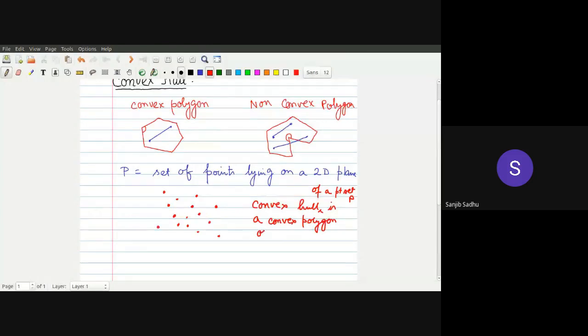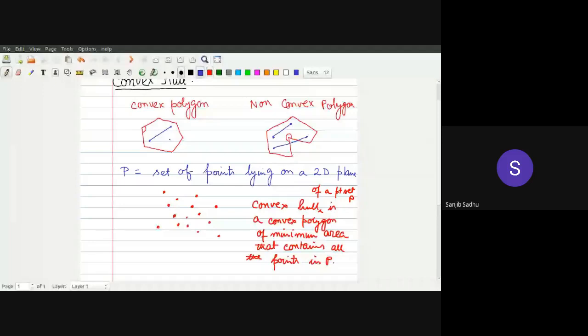The convex hull of a point set P is defined as a convex polygon of minimum area that contains all the points in P. So what will be the shape?